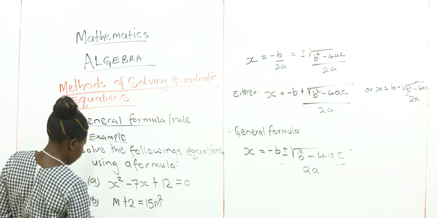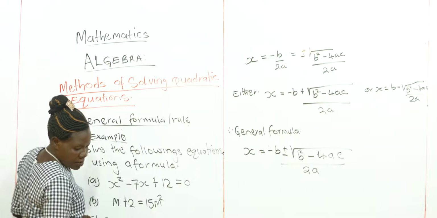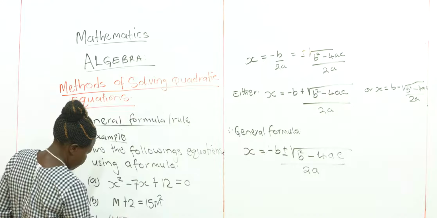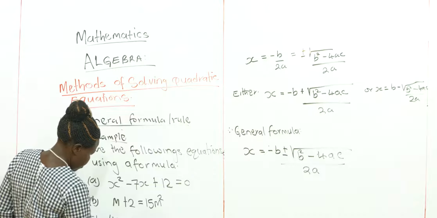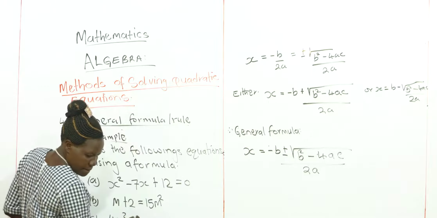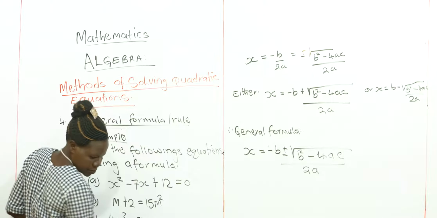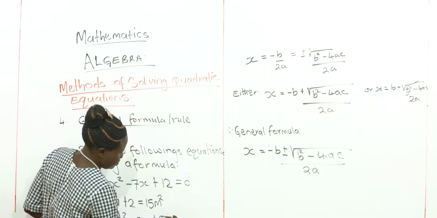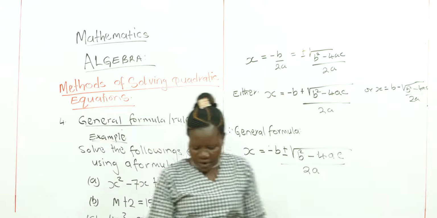And then c is 4x squared minus 9x plus 5 equals 0.